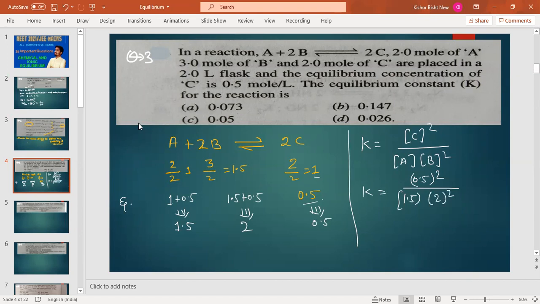So now how much it will be? 0.5 means 1 by 2, 1 by 2 का square, 1 by 4, upon 1.5 means 3 by 2, into 2 to the 4, upon 1. So how much you will get? 2 upon 3 into 4 into 4, 2 to the 4, 3 by 2.